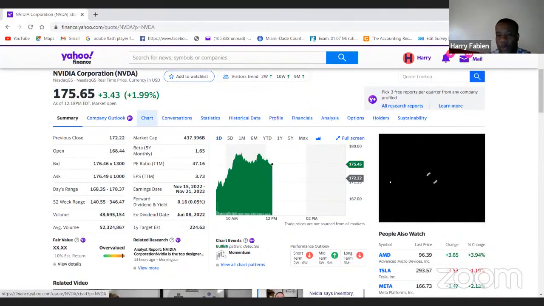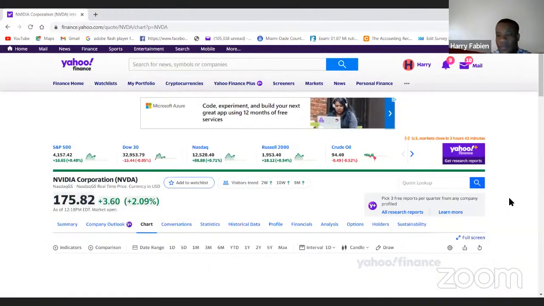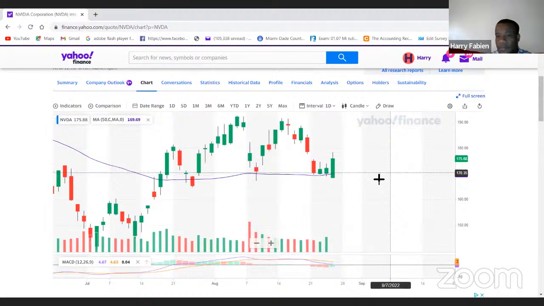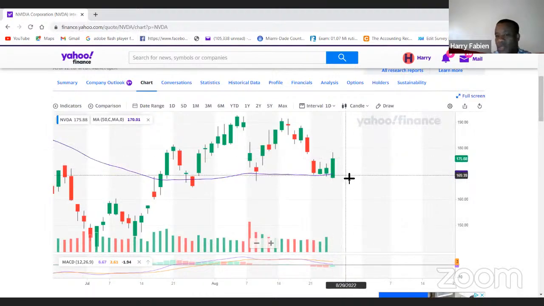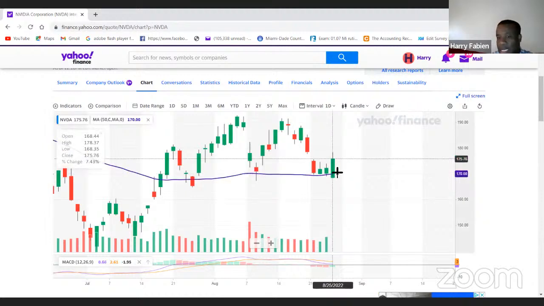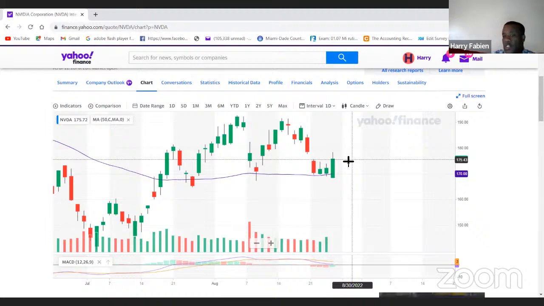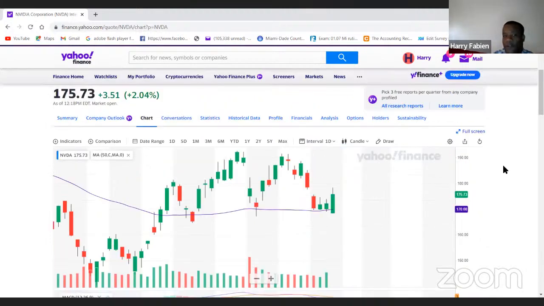When you go to the left, it shows you clearly that the support is at 168. So you have to buy here at 168. And then by that time today at 175, you have already made your money. You sell there, at the top at 175.